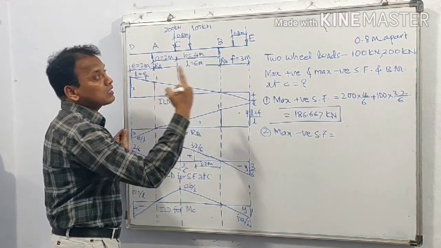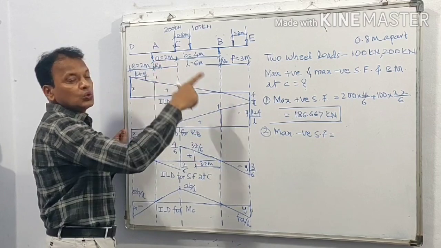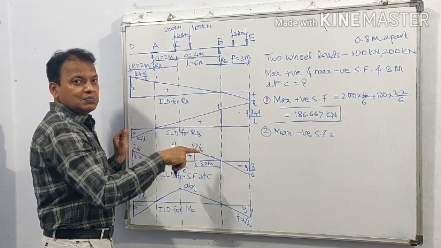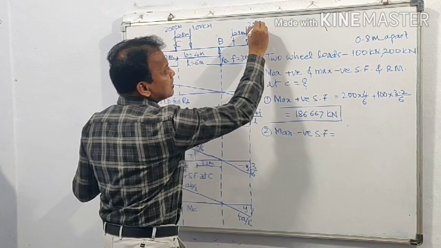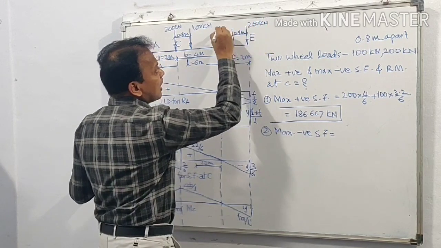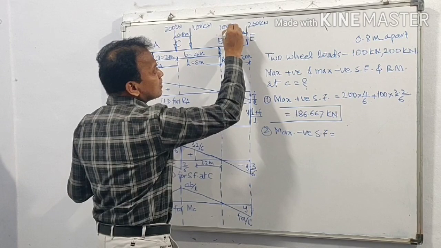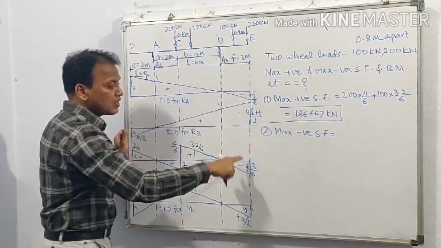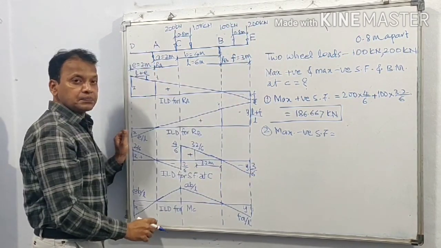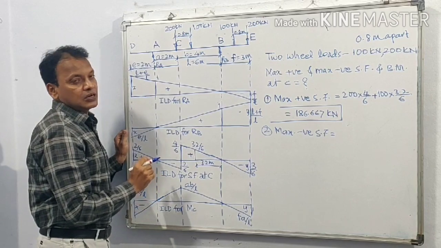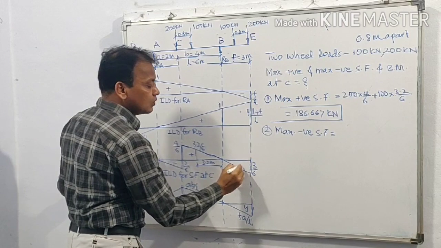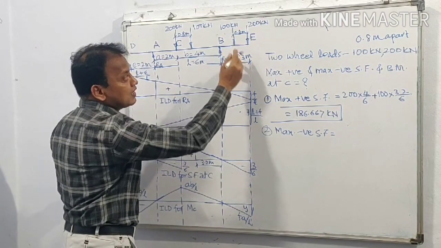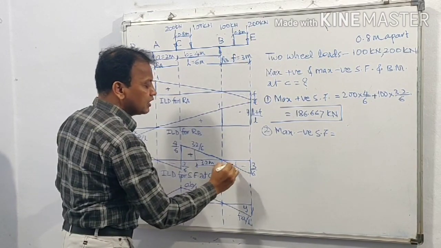Now which load must be on right hand side? 200 or 100? It must be 200. Why? Because when this 200 load is acting at E, then and then only the heavier load will be multiplied by larger ordinate. Now in this case, as this is negative diagram, this ordinate at distance 0.8 meter.